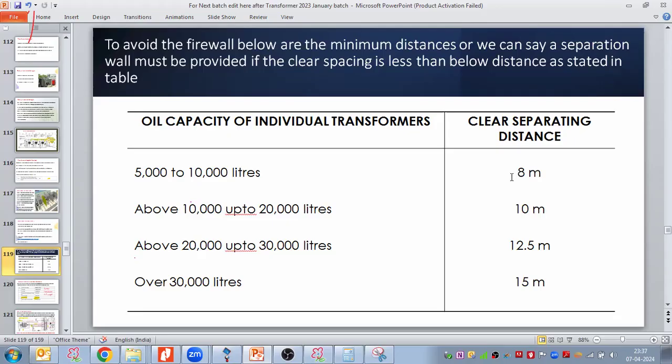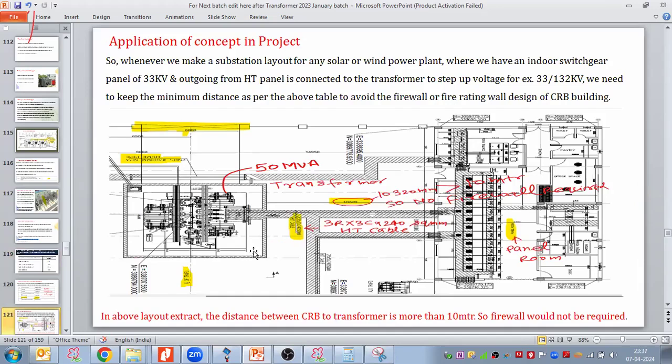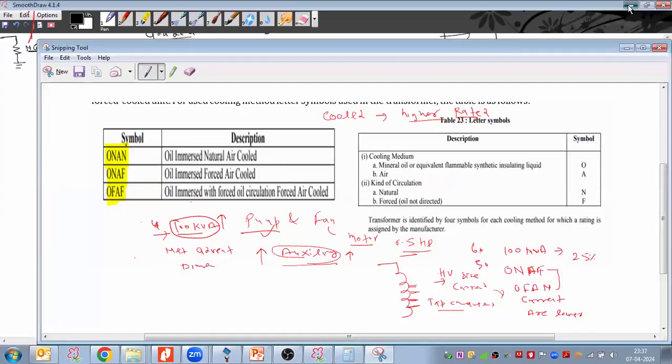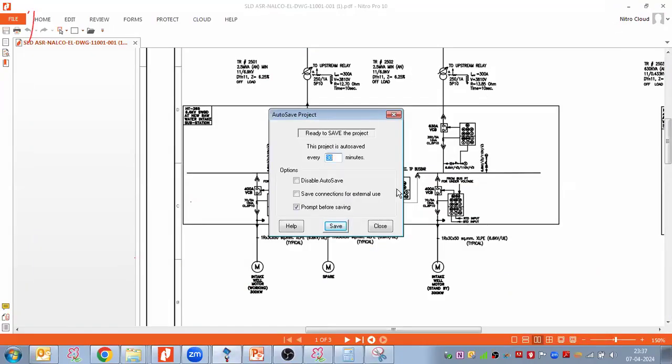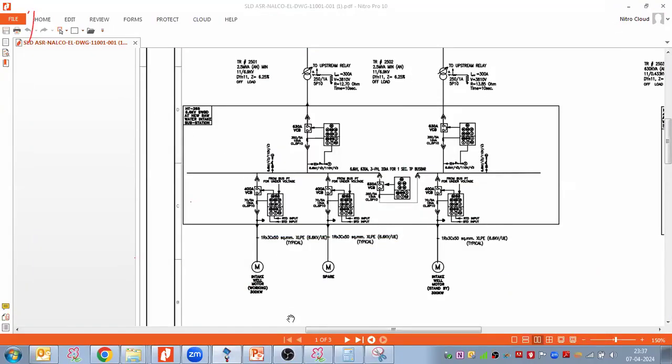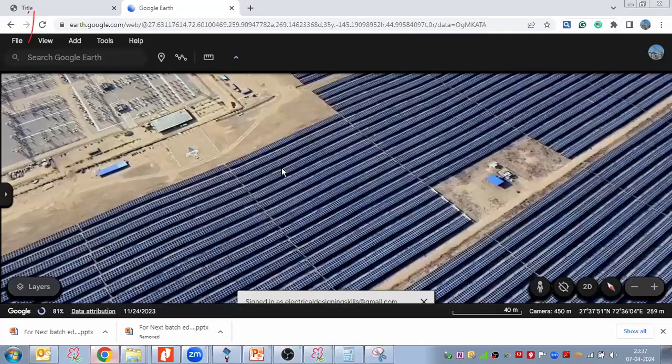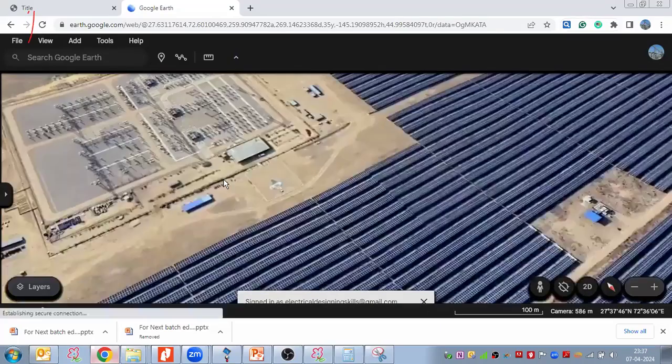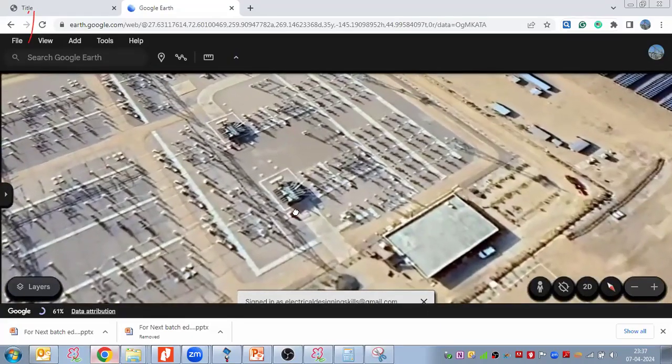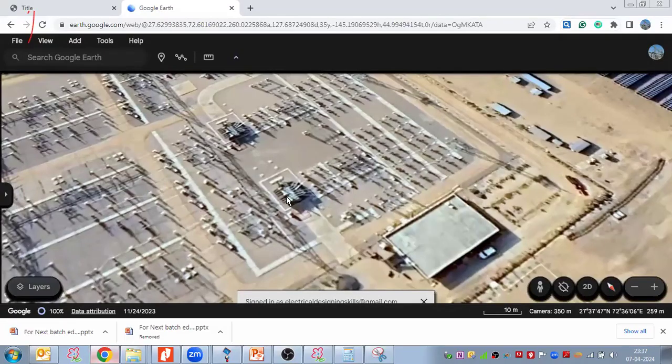Where it is important, suppose here we have a solar power plant. This parameter is very much critical. Here we have the control building and here we have the power transformer. So from here to here, this distance is important.